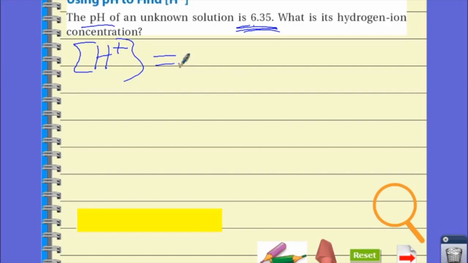Second log, negative, not minus, your pH will give you the concentration.